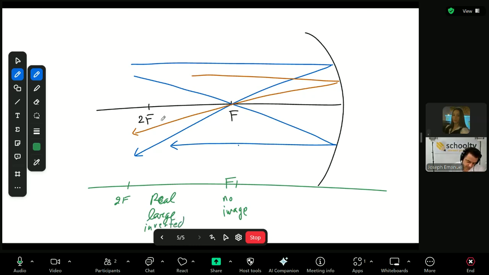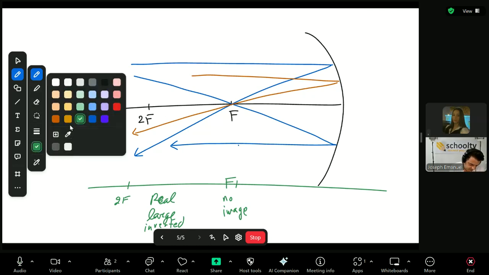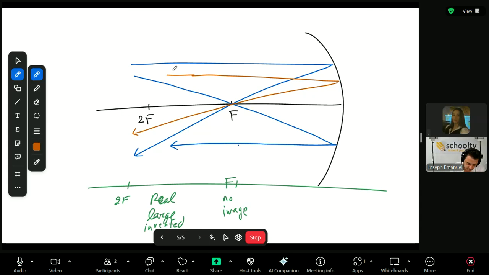If you look at these arrows, they are inverted. This line 1 is down, so what is up, you see down; it's inverted. So between this and this it looks like this. Let's continue. So real, large, inverted.